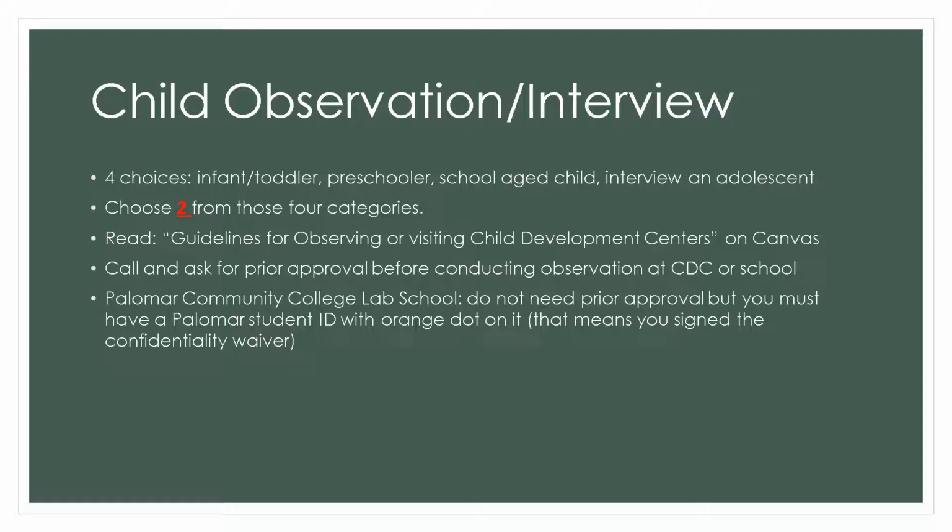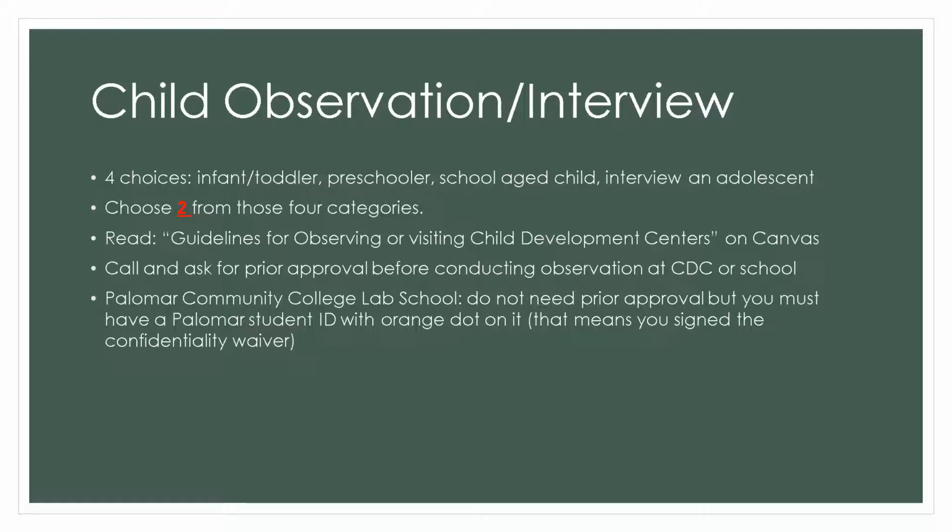I think it's $12, but you need to have a Palomar student ID with you, and it needs to have an orange dot on it. That's something you get from one of us instructors, and it means that you've signed our confidentiality waiver, and that's really important. You will not be allowed to observe unless you've signed the confidentiality waiver about doing observations and you have the orange dot on your student ID card.